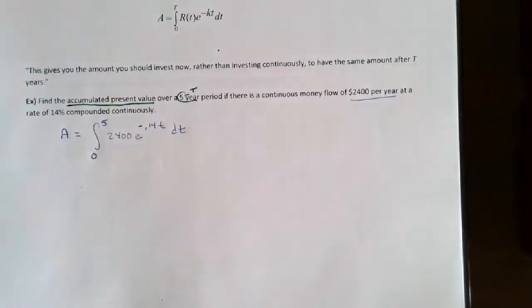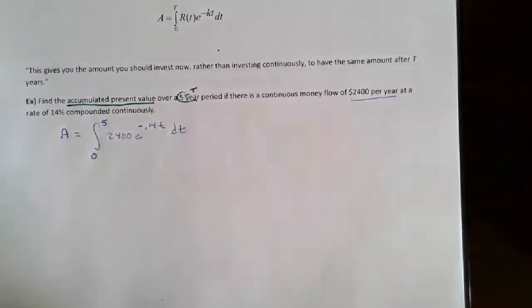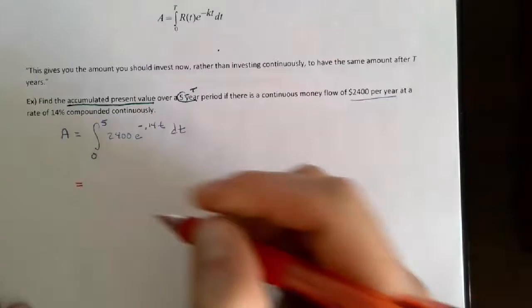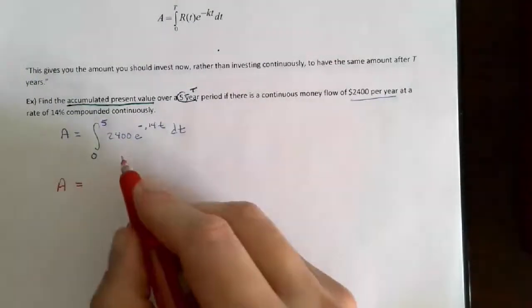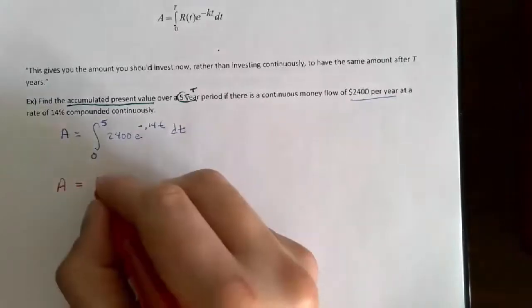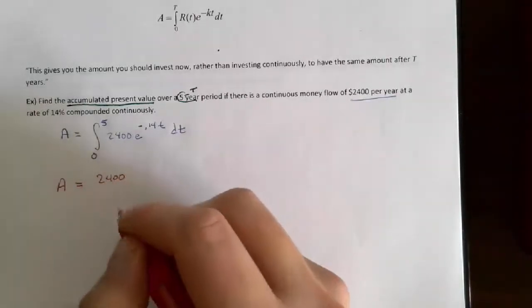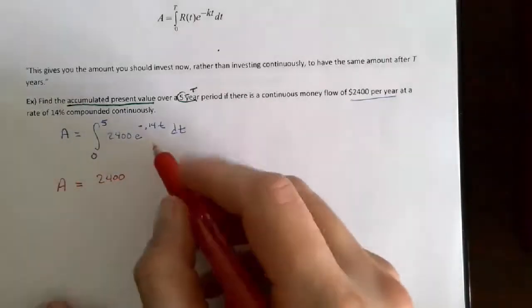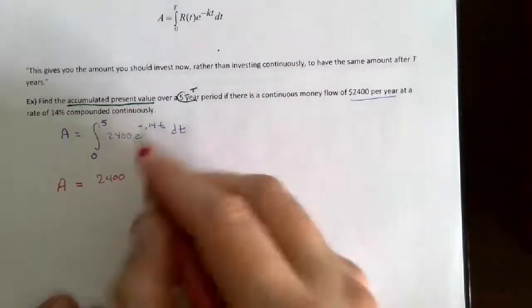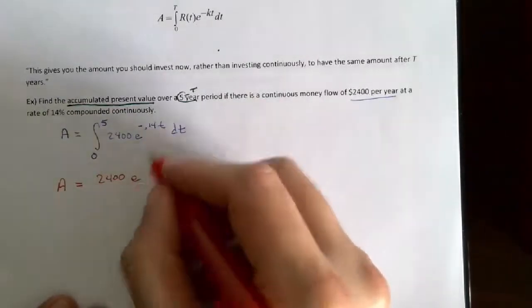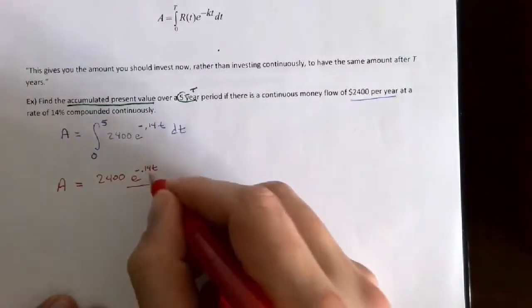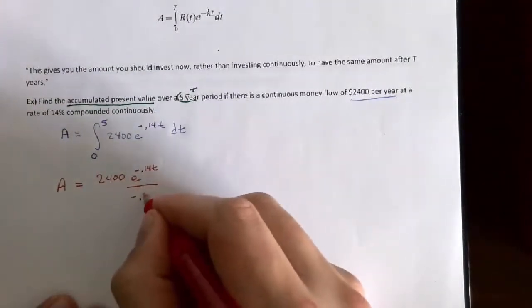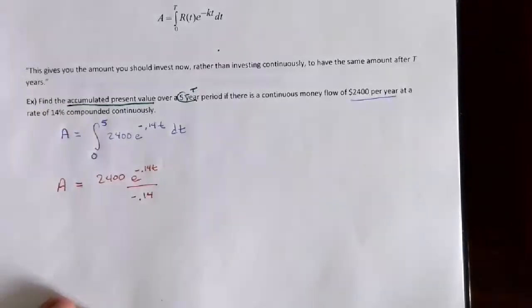And now we want to take this antiderivative. A is equal to the 2,400, which can stay in front as a constant. And integrating e to the negative 0.14t, remember how this works: e to a constant times t, you write exactly what you see and divide by whatever that constant was in front of t, so I'm dividing by negative 0.14. Make sure you have the negative sign on that.